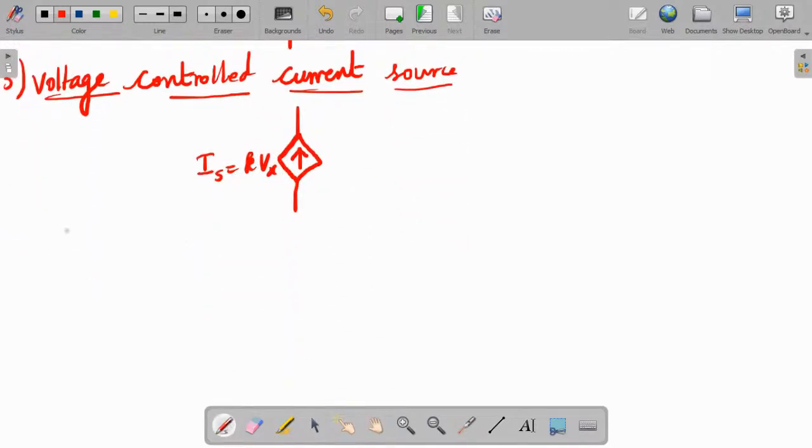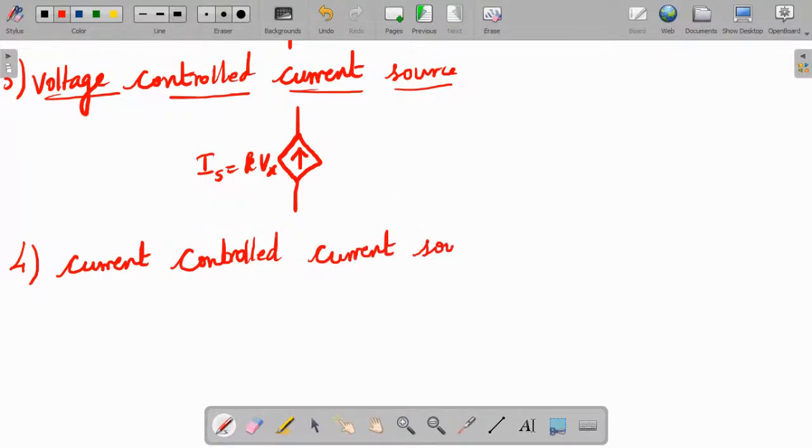Next, the fourth dependent source type is current controlled current source. So this will be the symbol and notation.